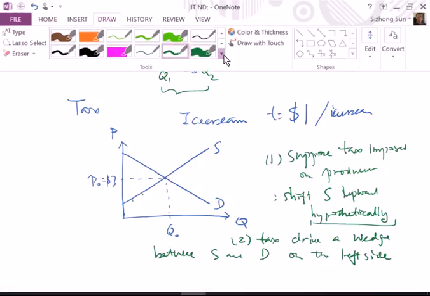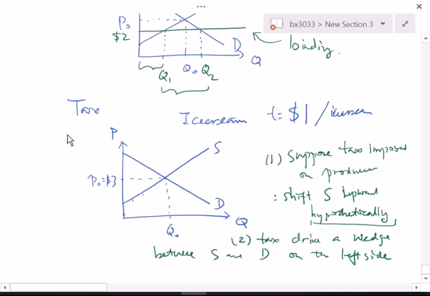Let me use the red one. So the tax rate is $1.